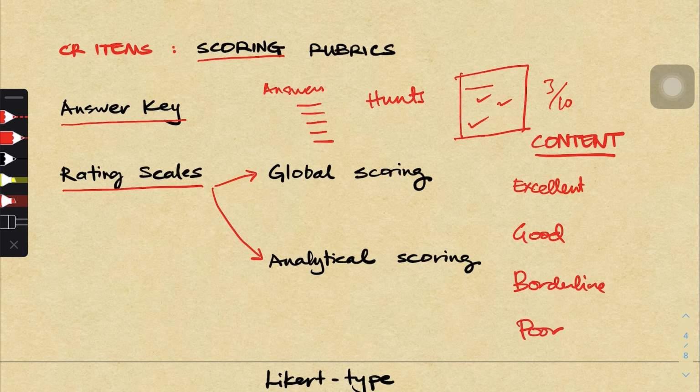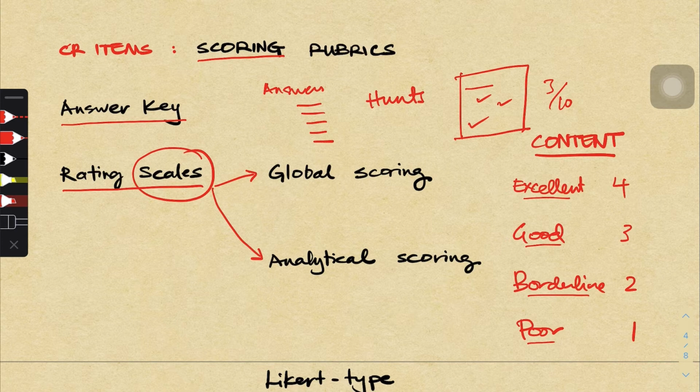You give a mark of 4, 3, 2, 1. Now that's a scale. You can attach definitions of what is excellent, what is good, what is borderline, what is poor, and this definition can change according to the domain of the answer.